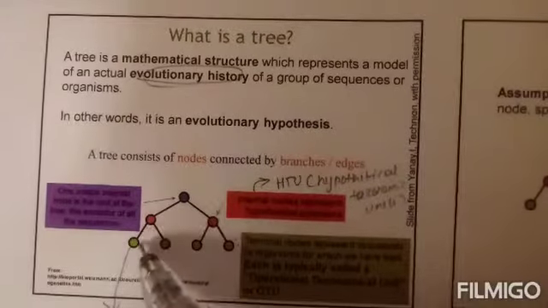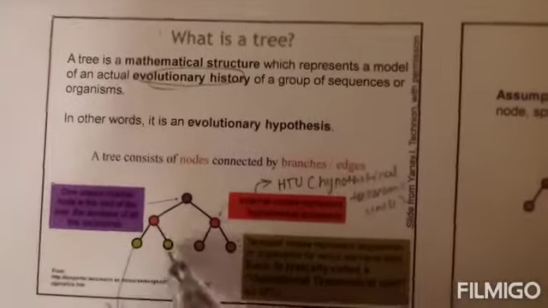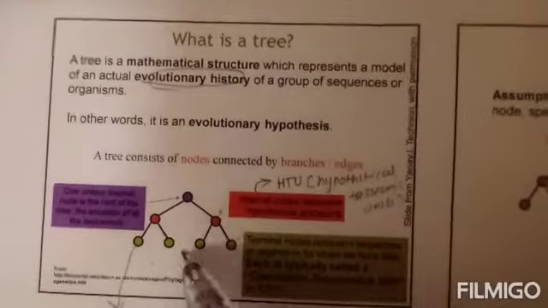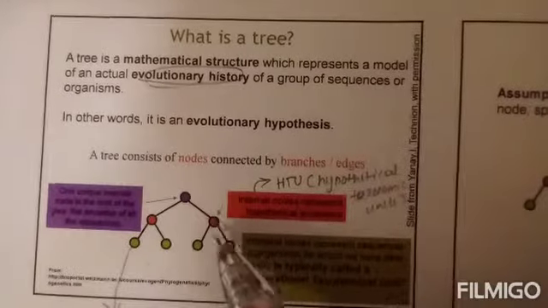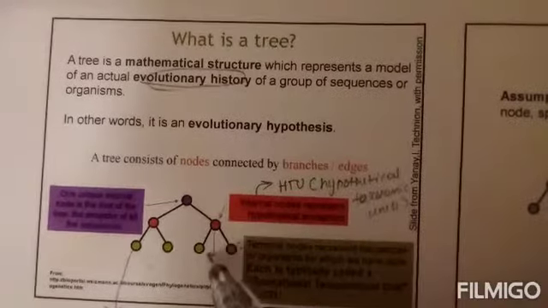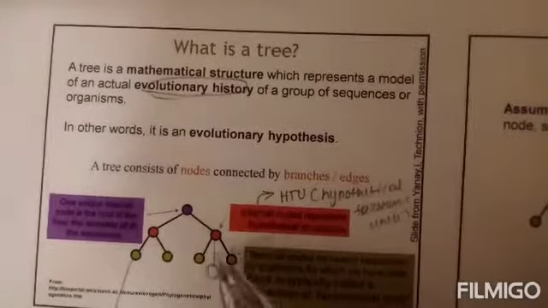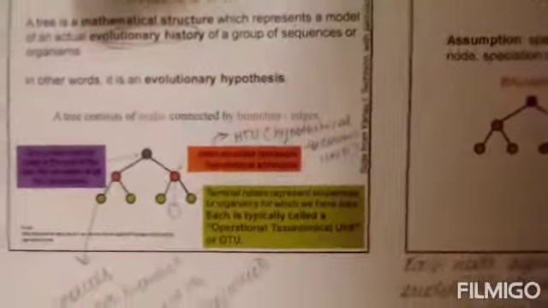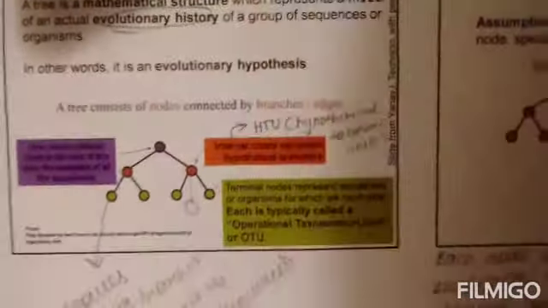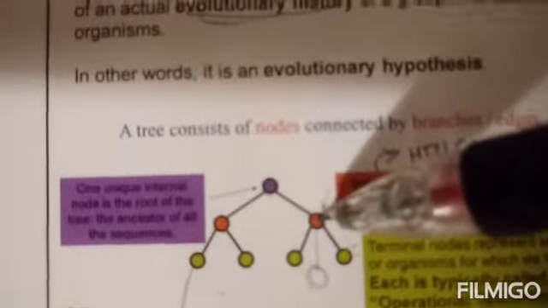Bifurcating means only one speciation event occurs and there are only two nodes after that. Whereas when it is multifurcating, from this if I get another node like this, then the speciation event has not diverged into two, it has diverged into more than two. So that is called multifurcating, and this position is called a polytomy.